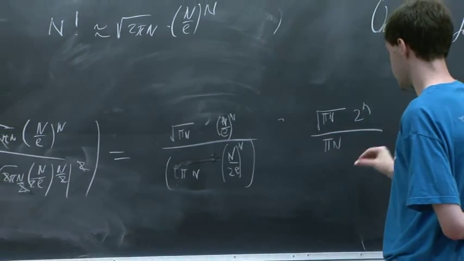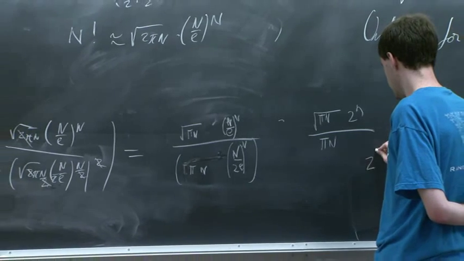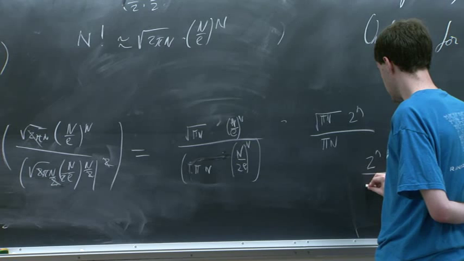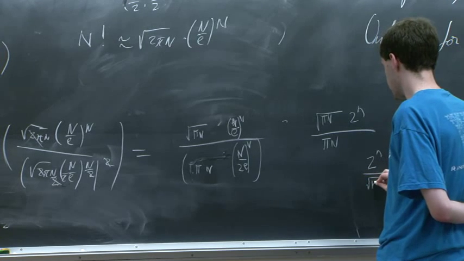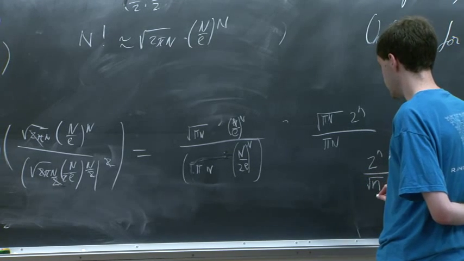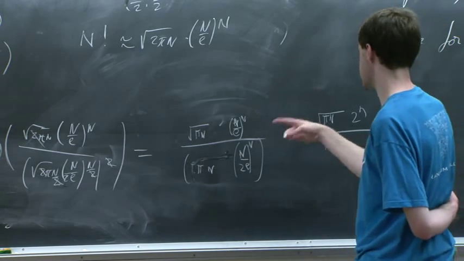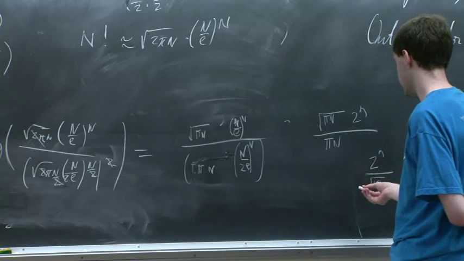You can do some more canceling and just get 2 to the n over the square root of n. We can take out the pi because it's in a natural logarithm and it's a constant factor.